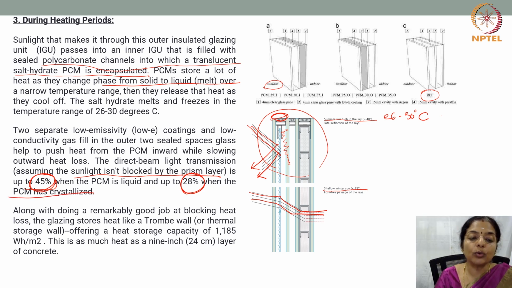Along with doing a remarkably good job at blocking heat loss, the glazing stores the heat like a trombe wall or thermal storage wall, which we have already seen, offering a heat storage capacity of 1185 watt hours per meter square. This is as much heat as a 9-inch or 24 centimeter layer of concrete.